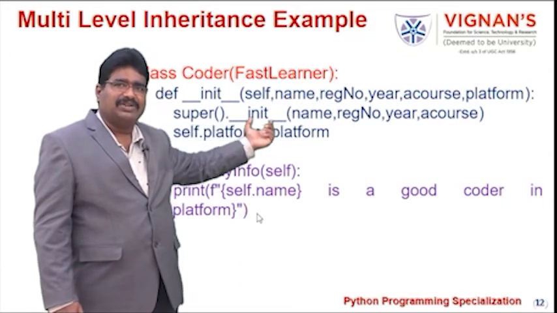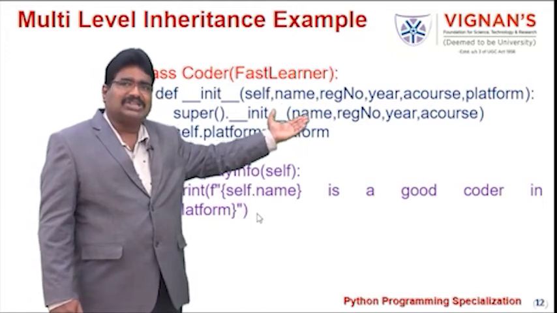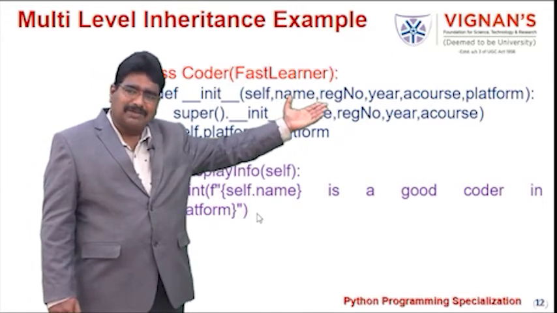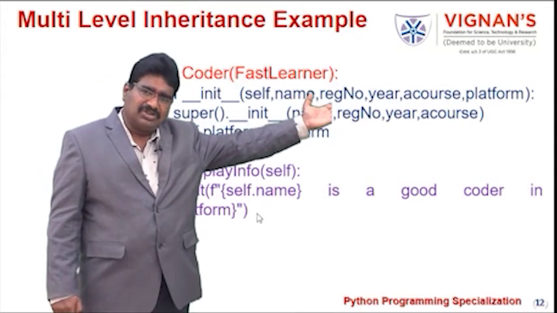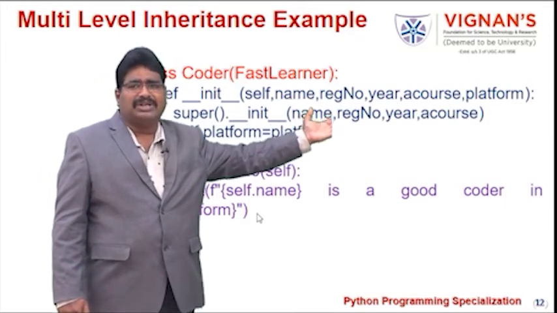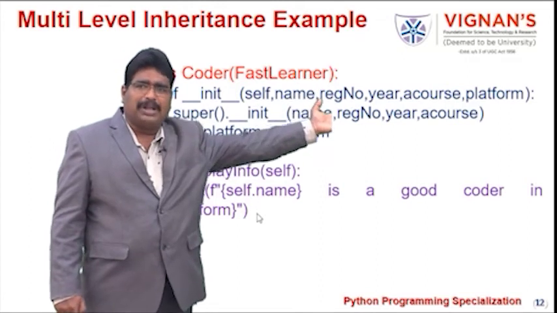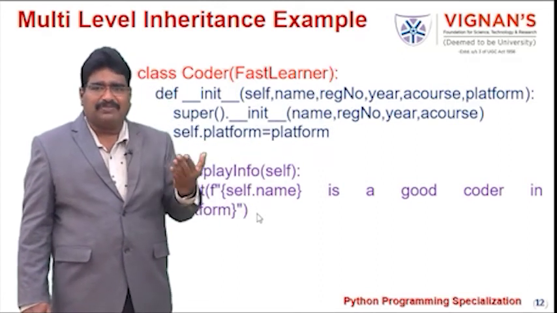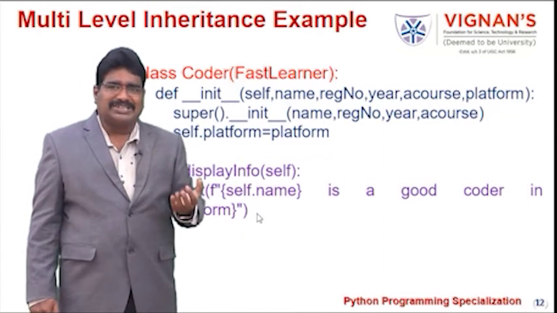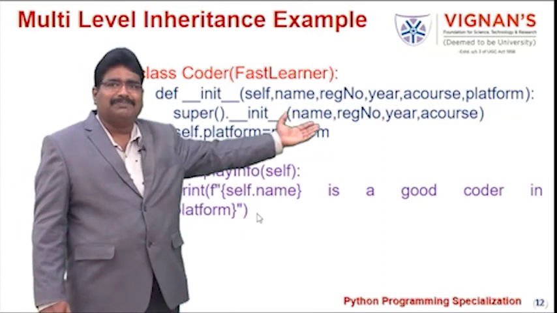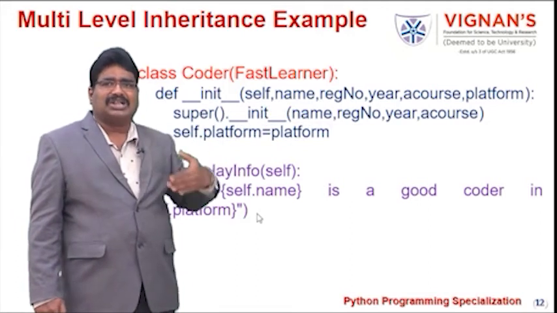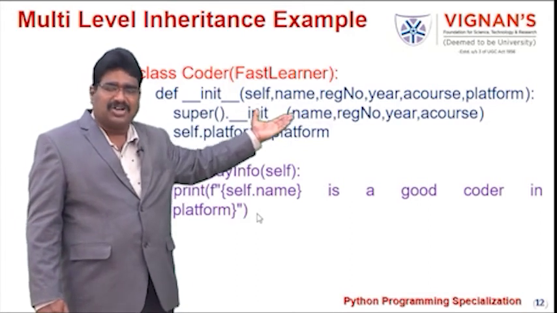Next is the constructor in the coder. It takes the parameters name, register number, year, additional course. In addition to that, it also takes one more parameter, platform, which platform the student is practicing more. So here we simply call super.init, that is, it calls the constructor of the parent class, that is the fast learner.